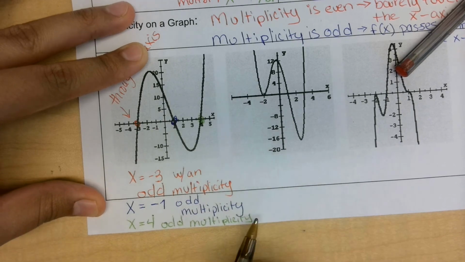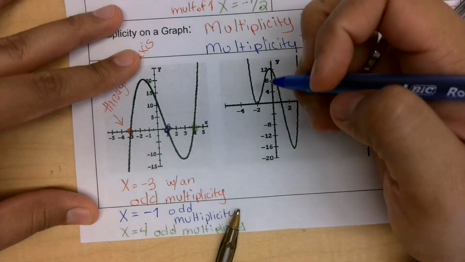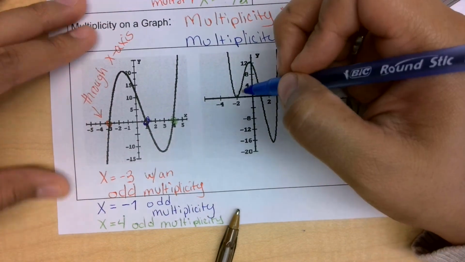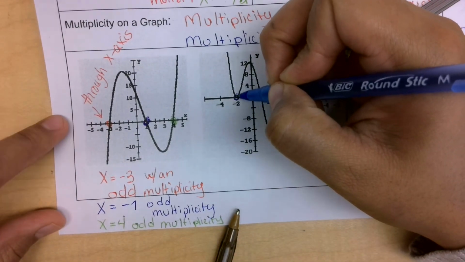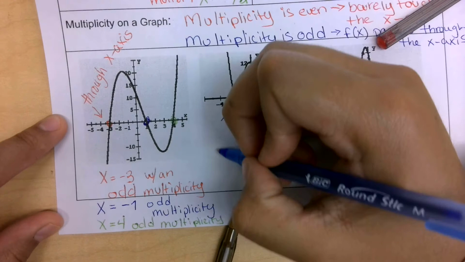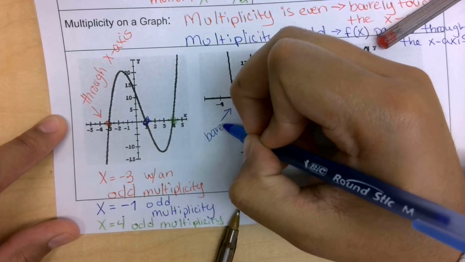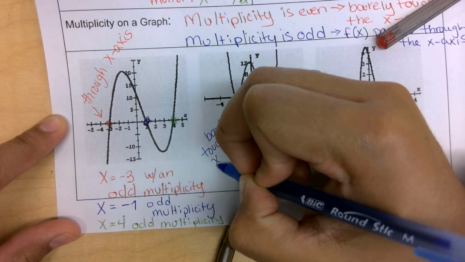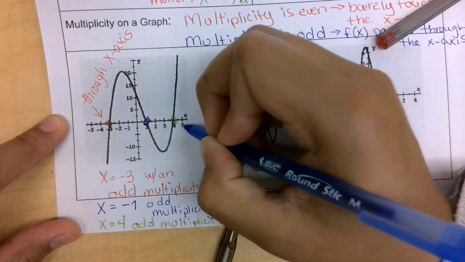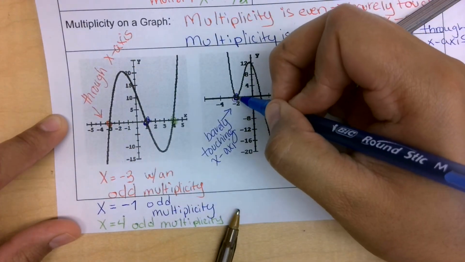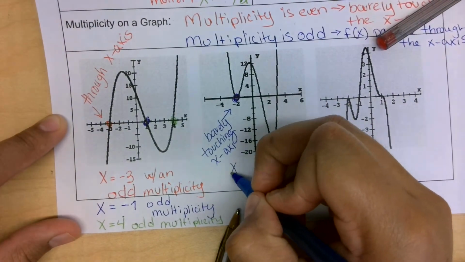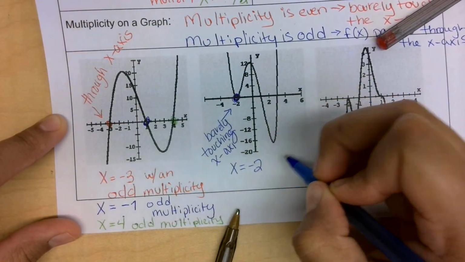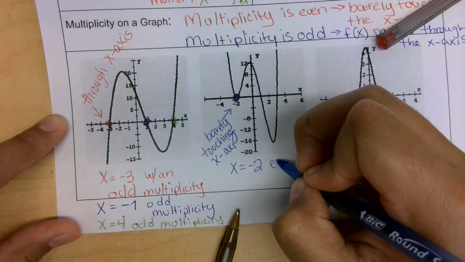All right. Now, let's look at the second example right here. We have a negative 2. Notice that this is barely touching the x-axis because it doesn't go through it like these did. It barely touches it. So that x equals -2 would have an even multiplicity.